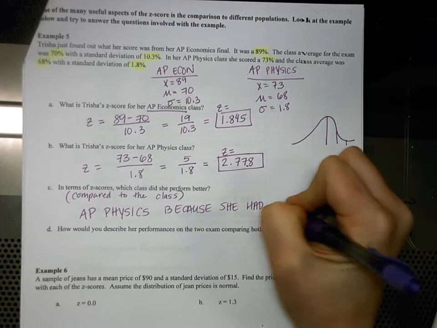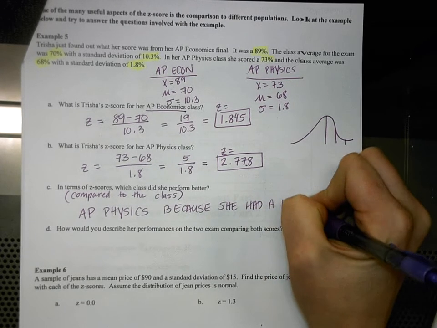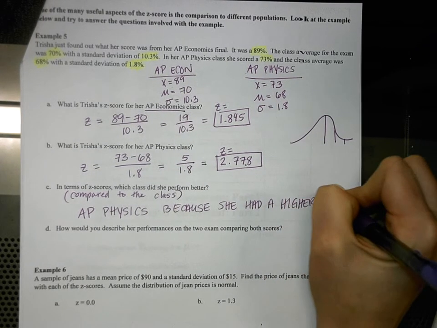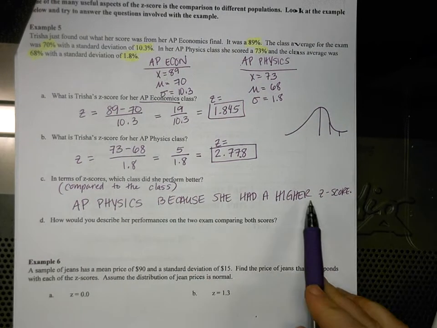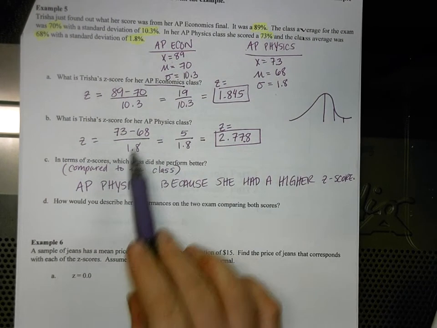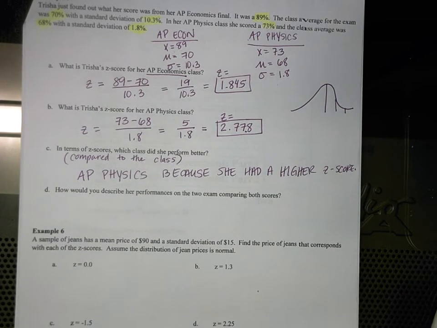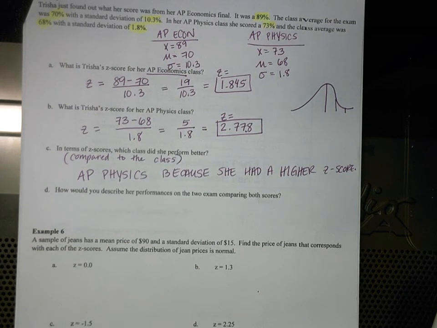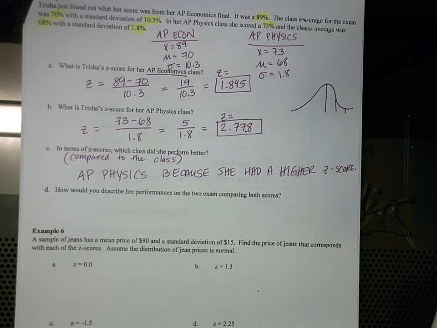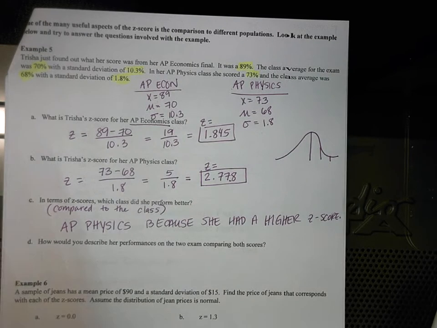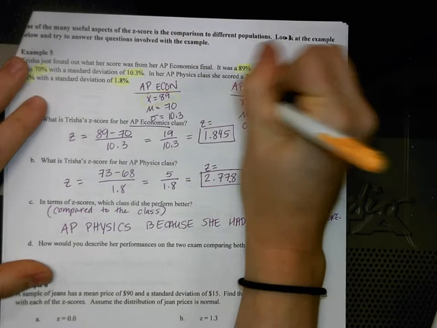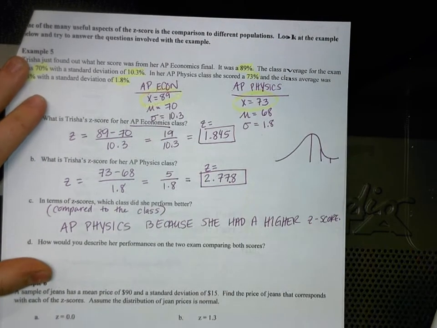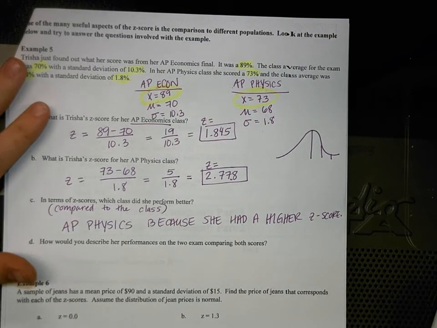You can tell me that she scored better than a higher percentage of the people in AP Physics than she did in AP Econ. How would you describe her performances on the two exams comparing both scores? It seems as though she did better on Econ because her Econ test is an 89 and her AP Physics test is a 73.